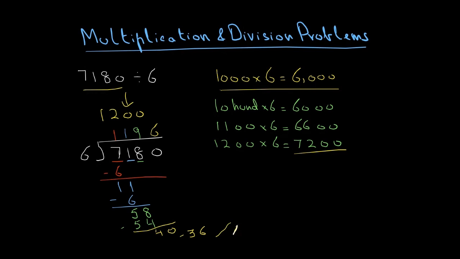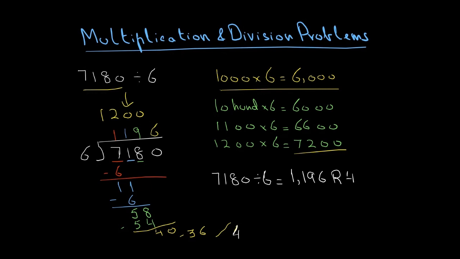So the exact calculation, when I divide 7,180 by 6, is that the answer is equal to 1,196, and there is a remainder of 4.